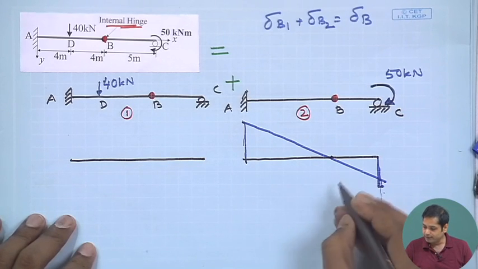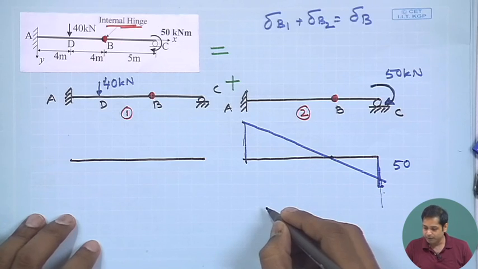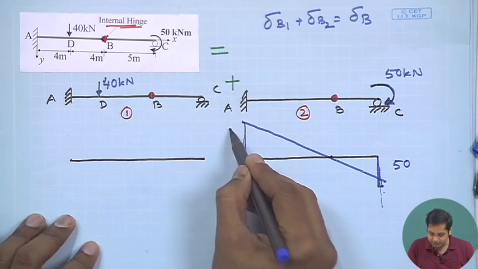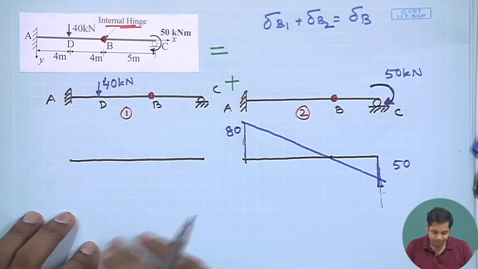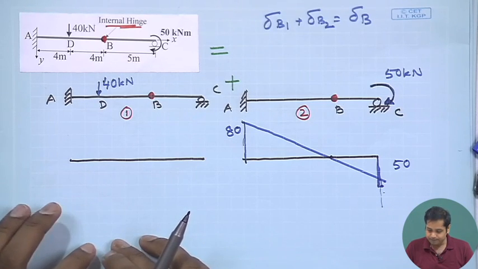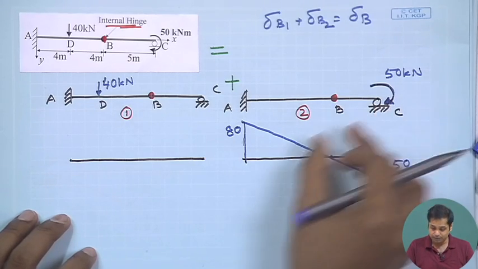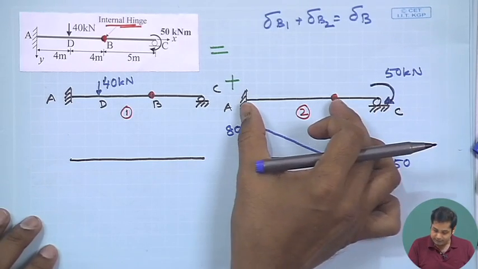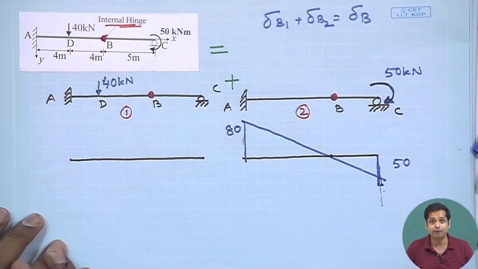This will be 50, this will be 50, and you calculate it. I am not writing the calculation, this will be 80. This length is 5 meter, this length is 8 meter. So this is the bending moment diagram for this.